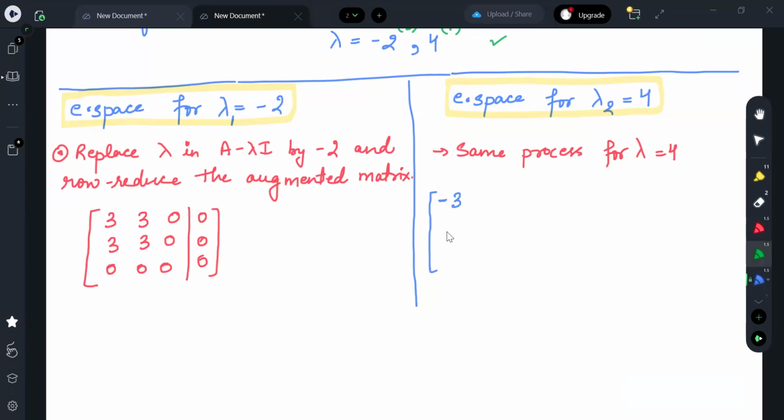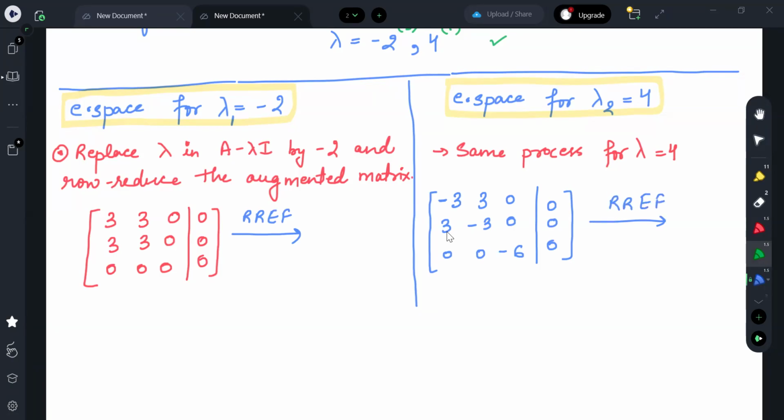So you have -3, 3, 0, 3, -3, 0, 0, 0, -6, 0, 0, 0. Okay. You can use a calculator to row reduce this matrix.